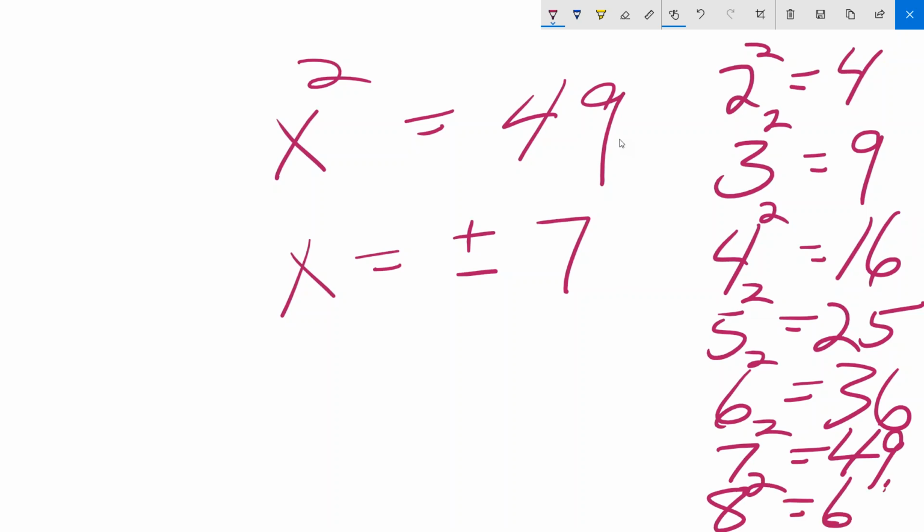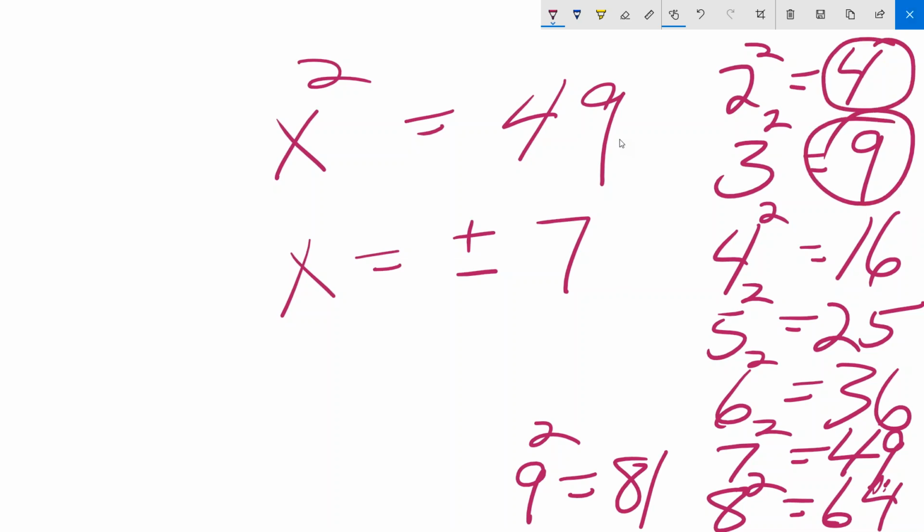Oh, excuse me, my mistake. I was already ahead of myself. 9 squared? 81. Yeah. These numbers right here end up being very important numbers to know.